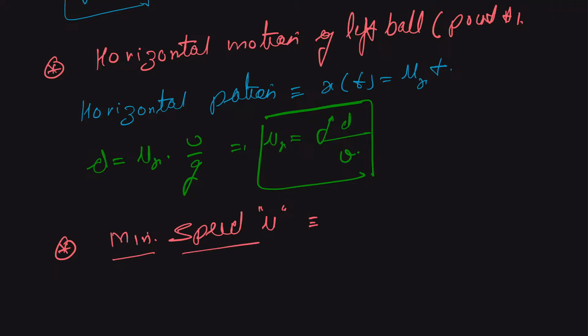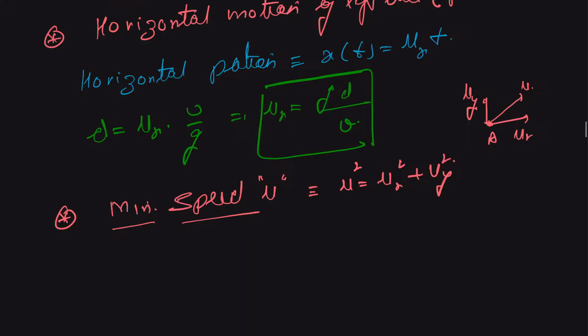We can write u square as u x square plus u y square, because for point A this is our u x component and our y component.